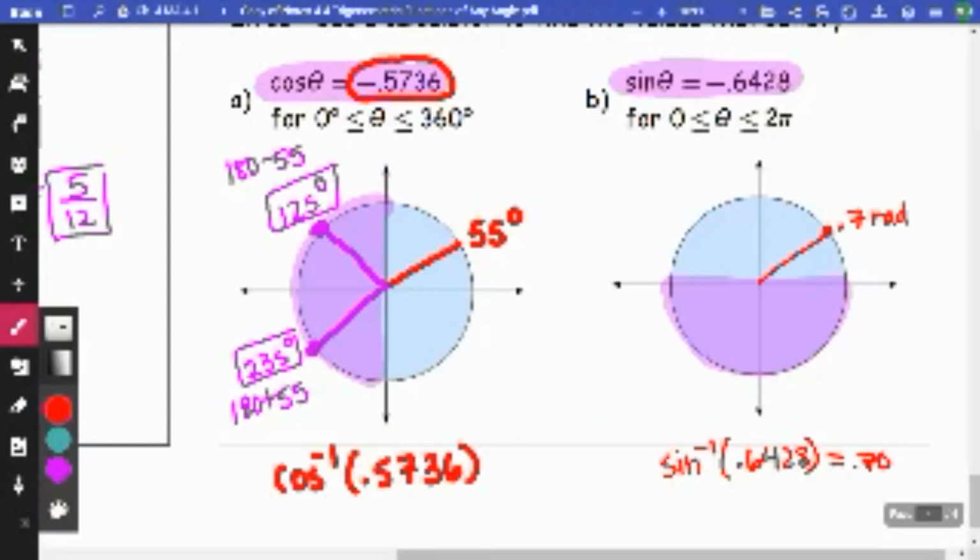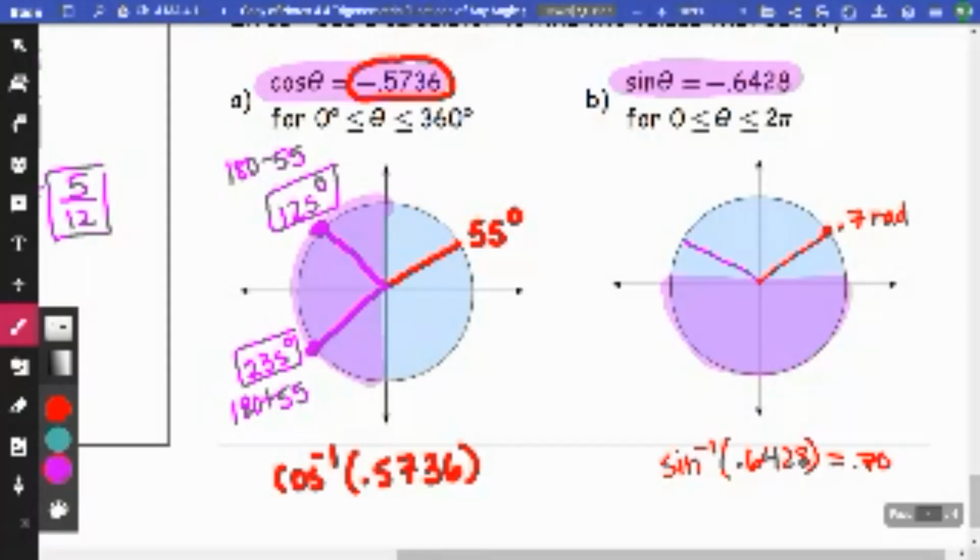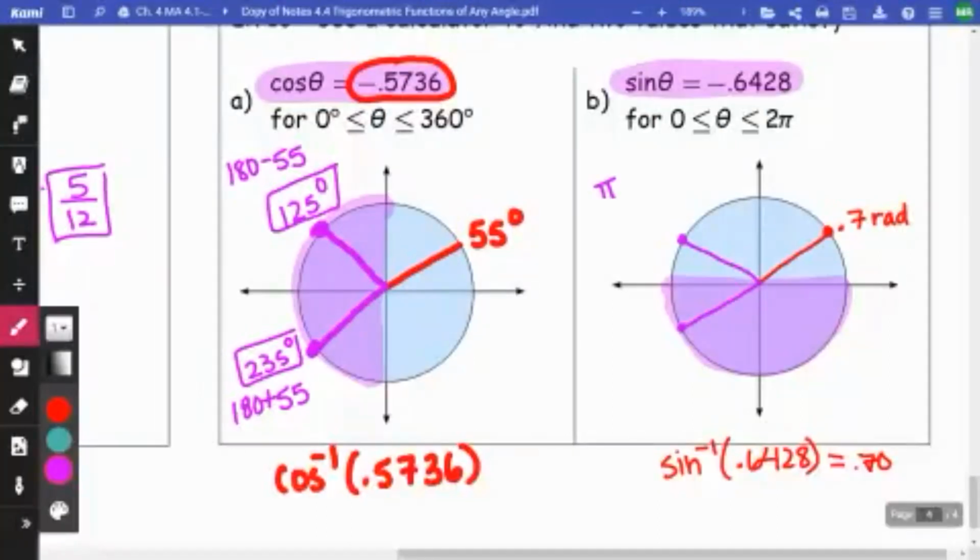So that means over here, I'm going to be 0.7 above pi and 0.7 below pi. So I'm going to go pi minus 0.7, and I'm going to go pi plus 0.7.